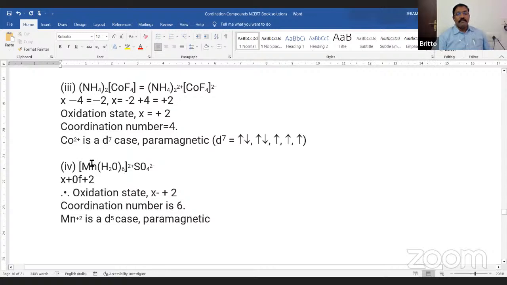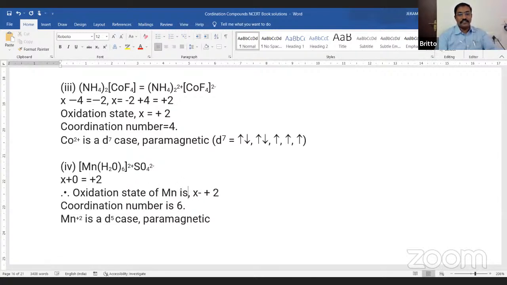So the charge of the complex equals the charge of the metal ion: x plus 0 is equal to plus 2. So the oxidation state of Mn is x equals plus 2, and the coordination number is 6, because 6 aqua ligands are there.